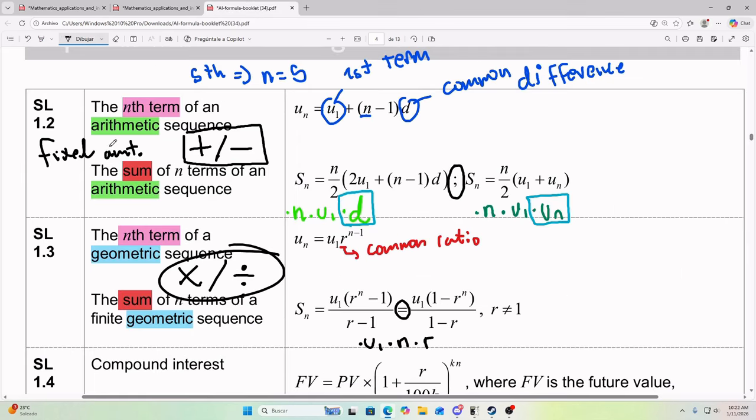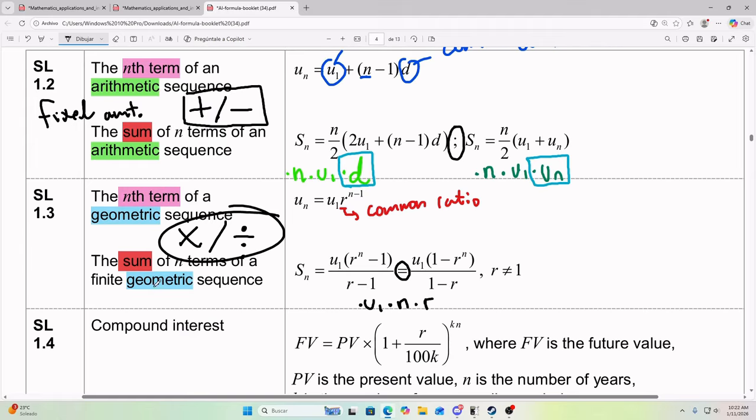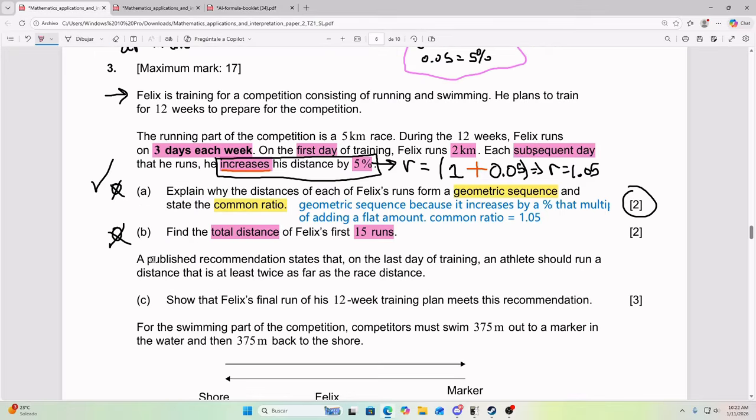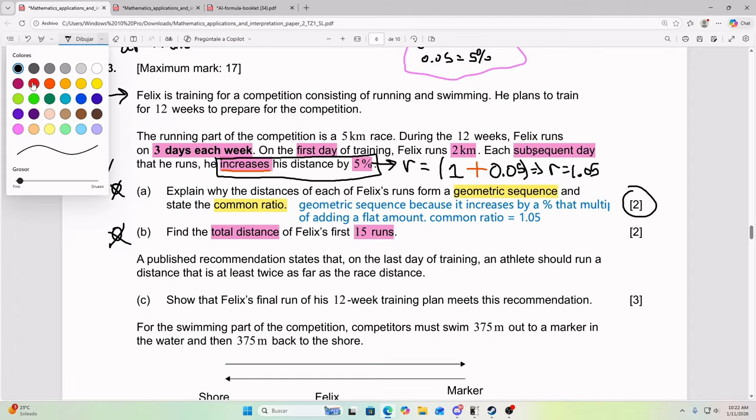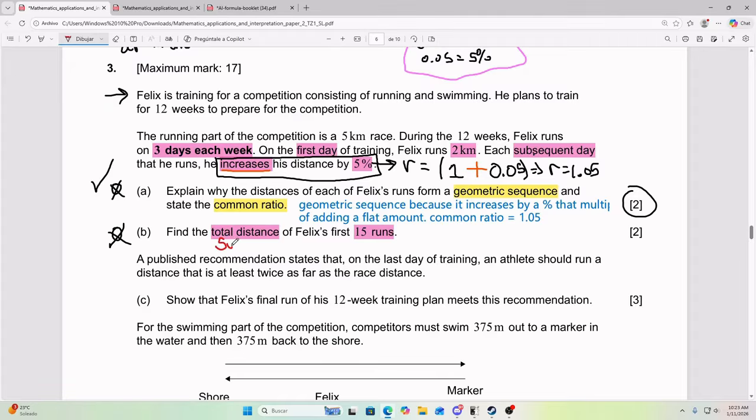One of them is for the nth term, another one is for the sum. If it's saying total distance, is this for the nth term or for the sum? Because it's total distance of the first 15, it's a big hint for sum. So we will be using the sum formula in this case.